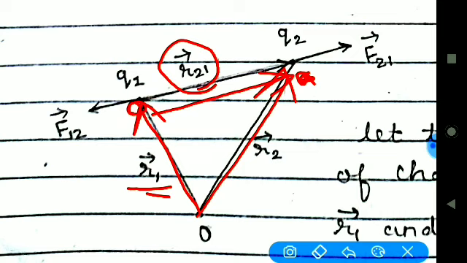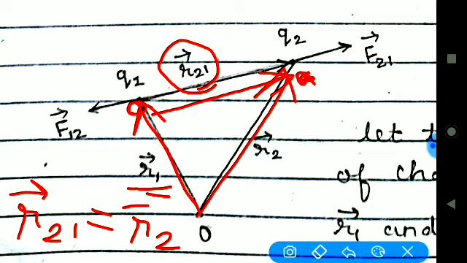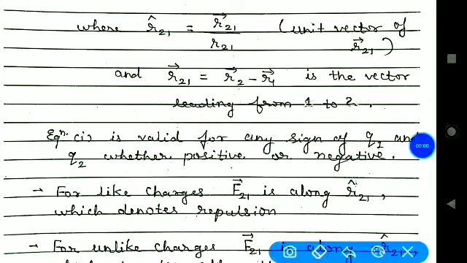As a result, vector R21 is represented as position vector R2 minus position vector R1, that is final position minus initial position. So we can say that vector R21 is a vector leading from 1 towards 2.